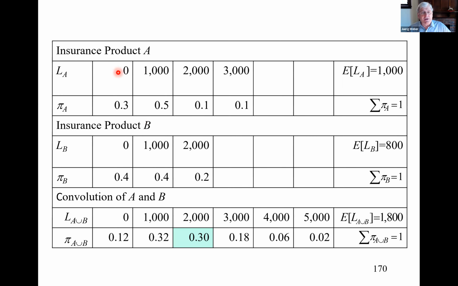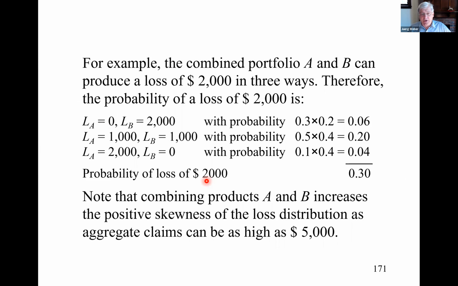So A, no loss, that happens with 30% chance, and B, a loss of 2,000, that happens with 20% chance. It's independent, so you can multiply the probabilities: 0.3 times 0.2. This outcome has a probability of 6%.